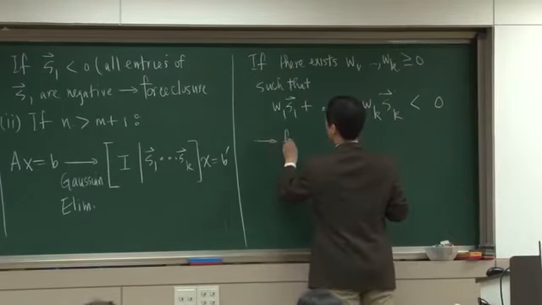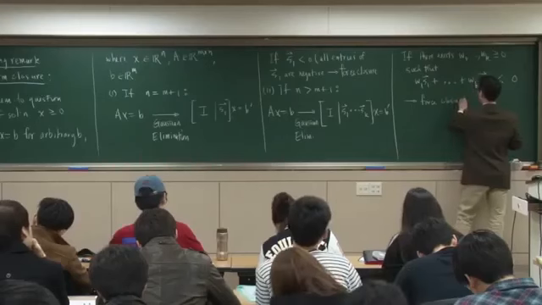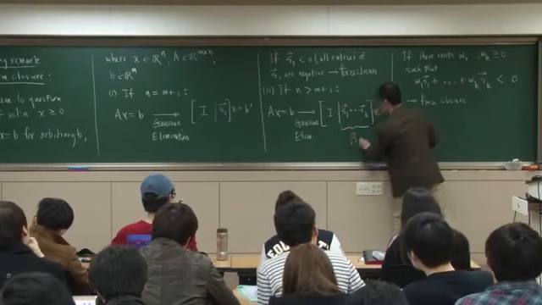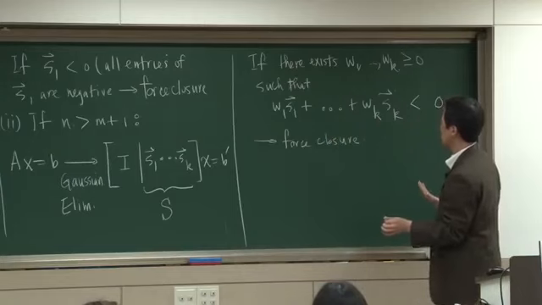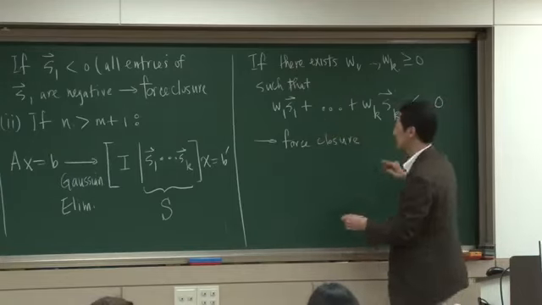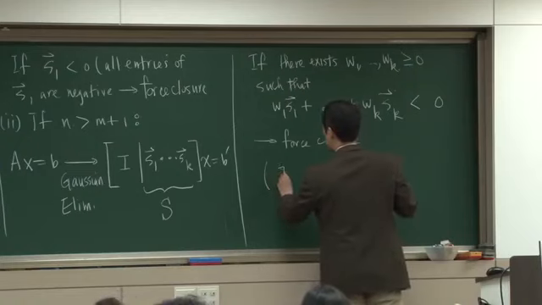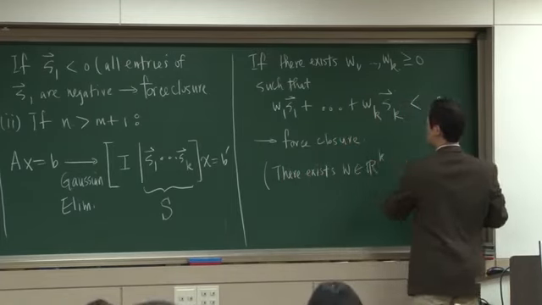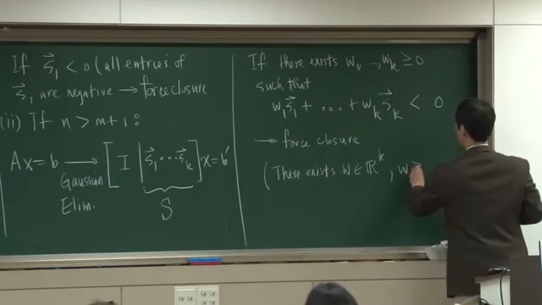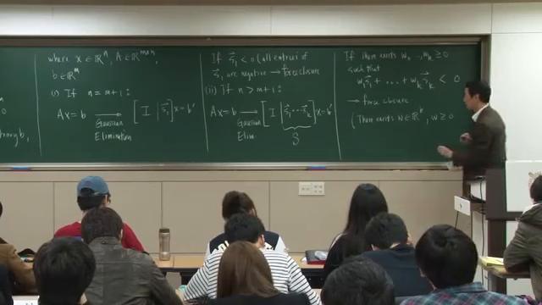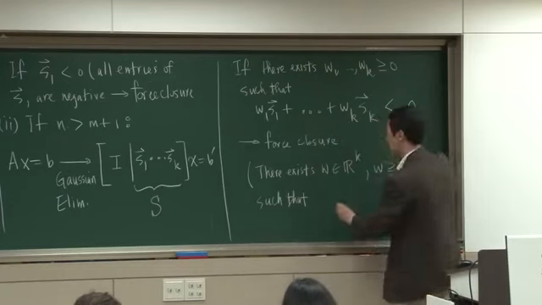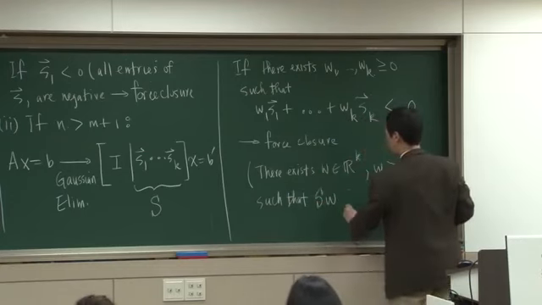I use this notation; I call this matrix S. So another way to say this is we can say that there exists some vector W in R^k, W has to be non-negative, such that this condition is simply S times W is less than 0.